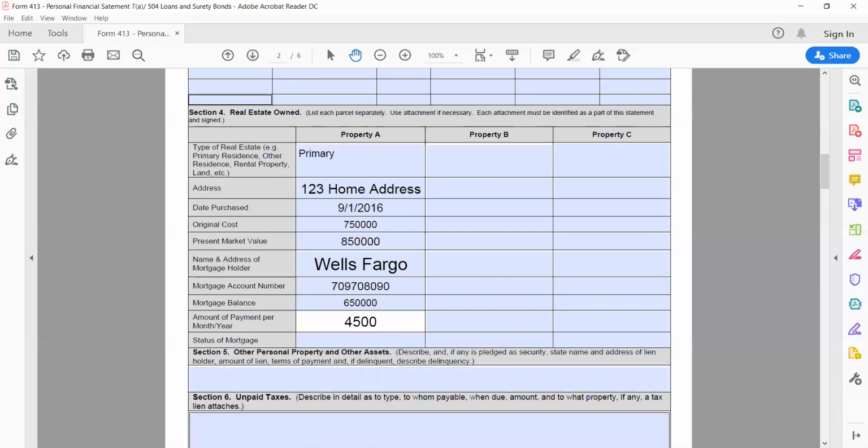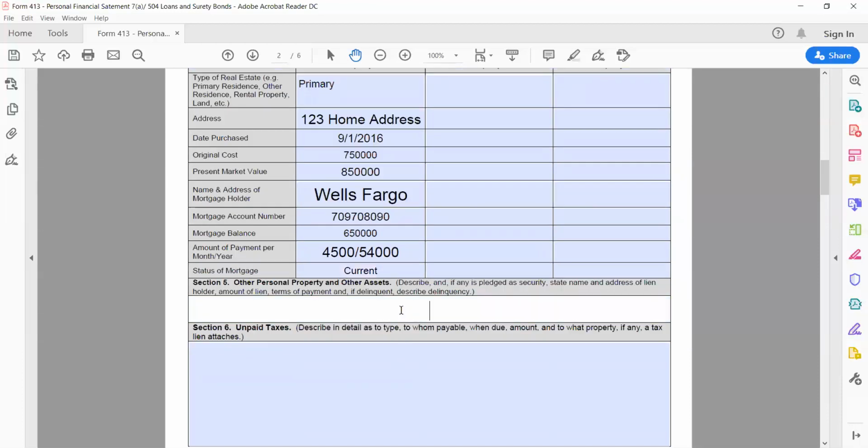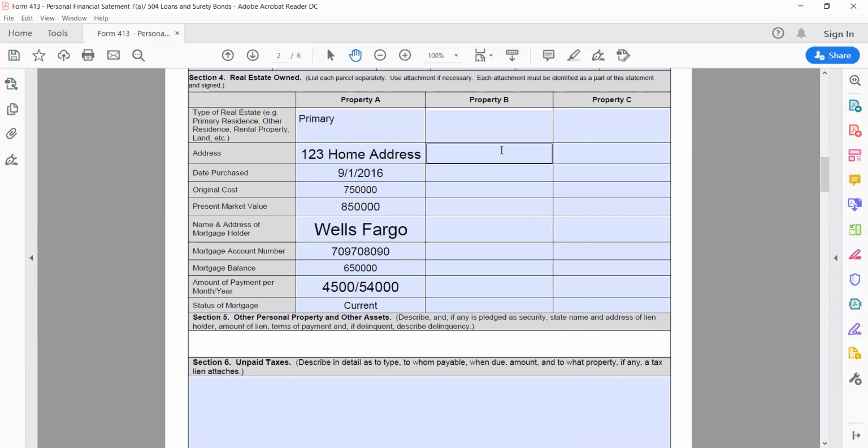A month. What's that? $54,000 for the year. Status of my mortgage. Am I current? Am I in default? Foreclosure? Yeah, that's what you're going to put here. If I have other properties, I would schedule them out. B and C, it's the same way.